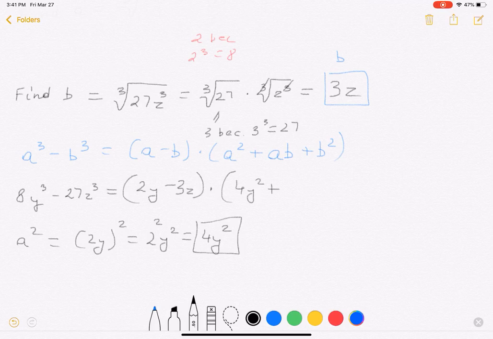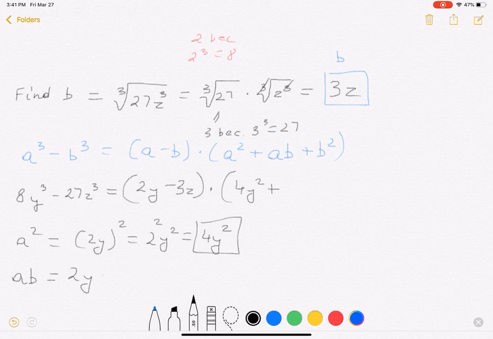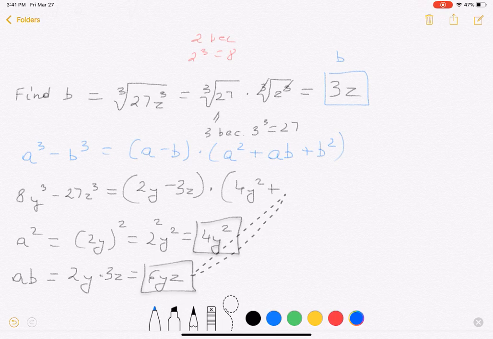Plus, now I'm trying to evaluate a times b, so a was 2y, b is 3z, multiply that by 3z, so we're getting 6yz, and that 6yz goes inside the second parenthesis right here.